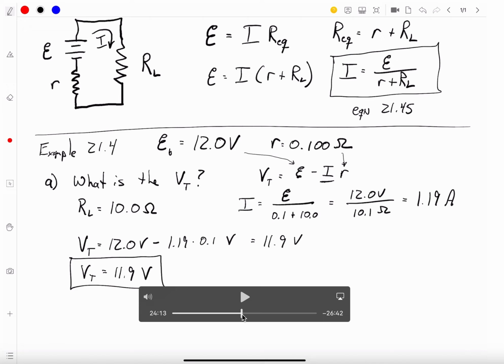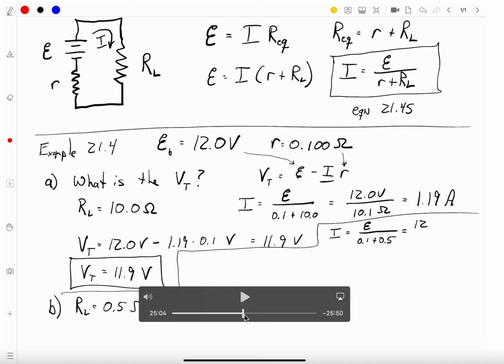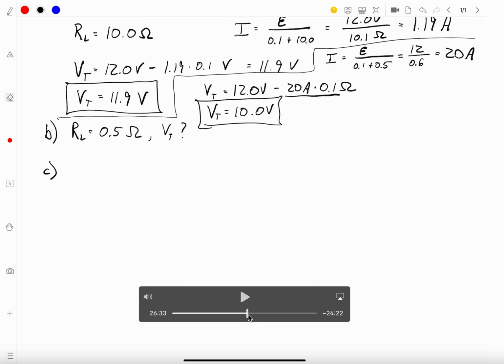So let's do B, and here we go. For B, we're changing the load from 10 ohms to 0.5 ohms, so half of an ohm, and we still want to know what the terminal voltage is. So let's go on up here to find the current first.